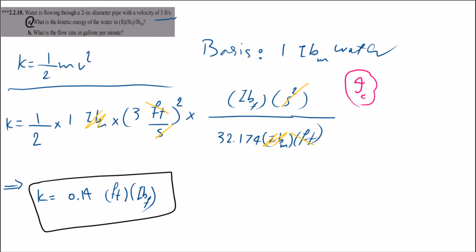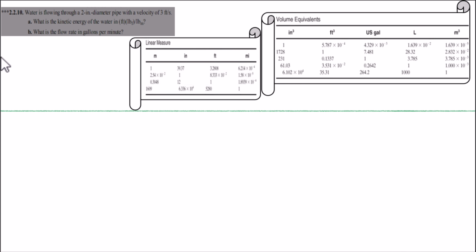Let's go to part B. What is the flow rate in gallon per minute? You know that flow rate will be calculated with this formula: A multiply V, in which A is the area of the pipe and V is a symbol for water velocity. Because in the question we have a pipe, the area of the pipe will be calculated by this formula: pi R power 2.